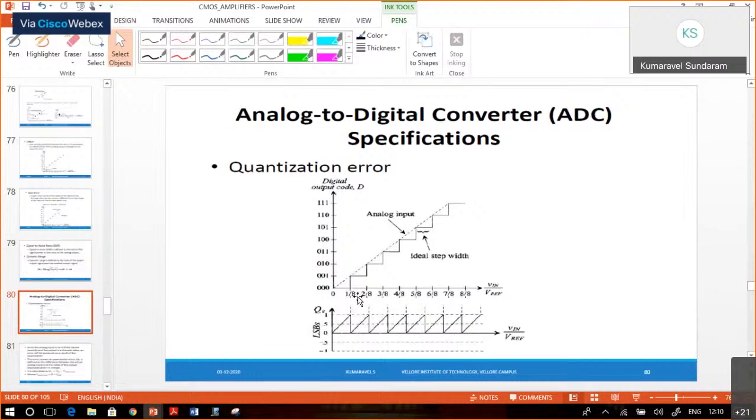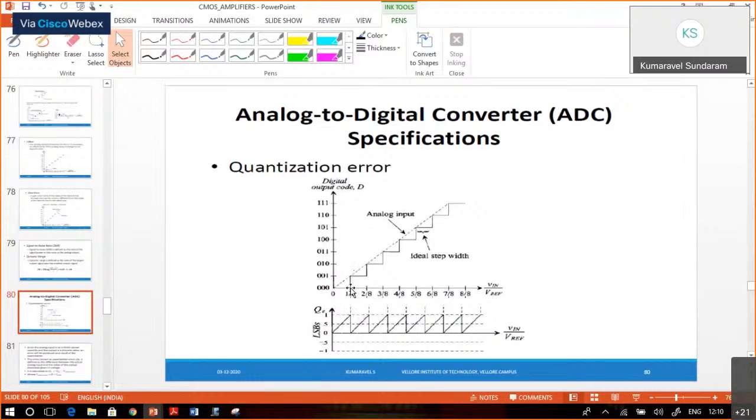Till 1 by 8 of V reference, even though you are increasing your analog voltage, your digital code remains 00. So the difference between the input and the staircase voltage is defined as the quantization error. That quantization error is given in terms of LSBs, so 1 LSB from 0 till 1 by 8.